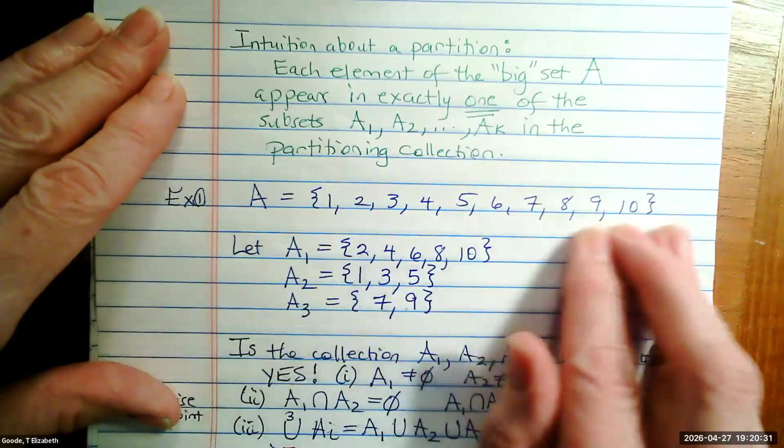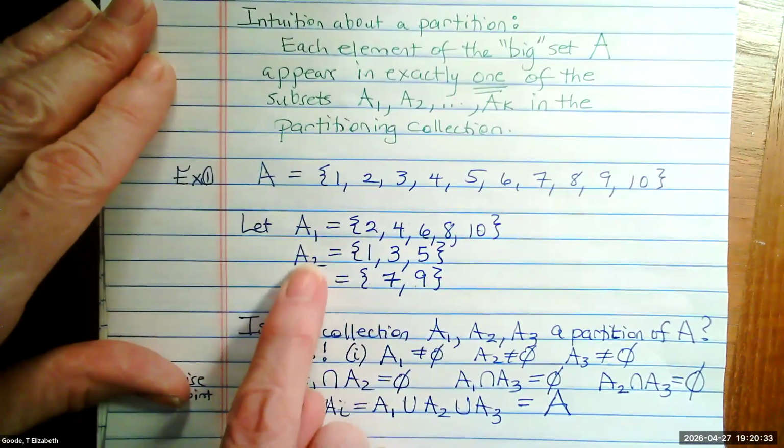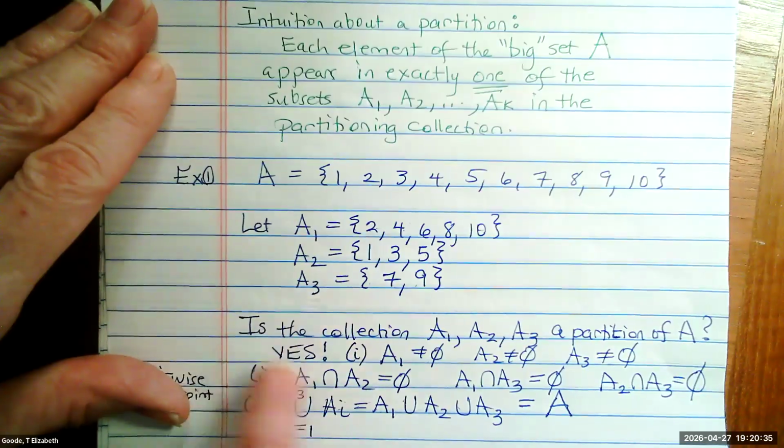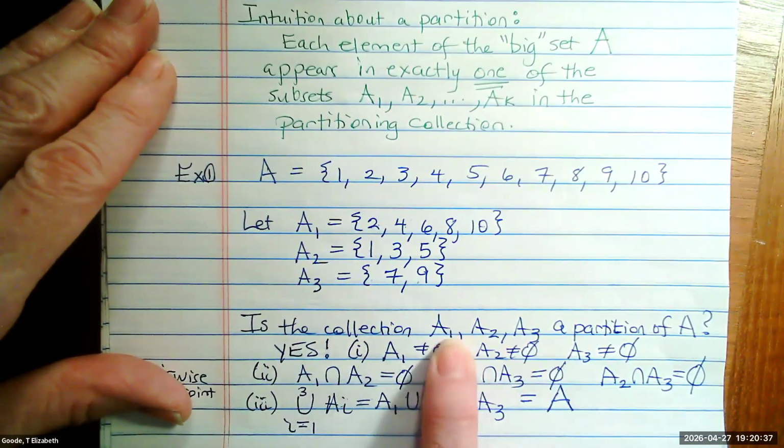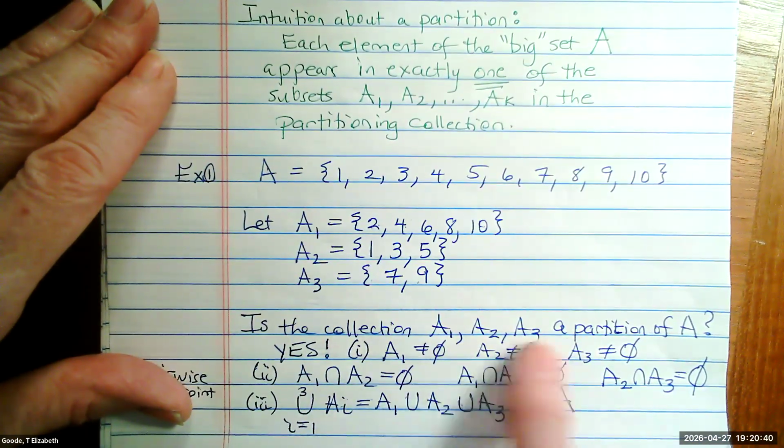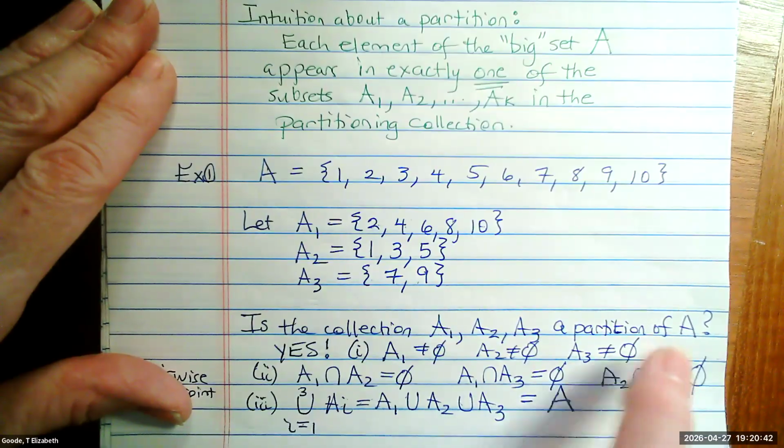Remember last night we took this finite set A and we took these subsets A1, A2, A3, and we asked if that collection A1, A2, A3 is a partition of A?